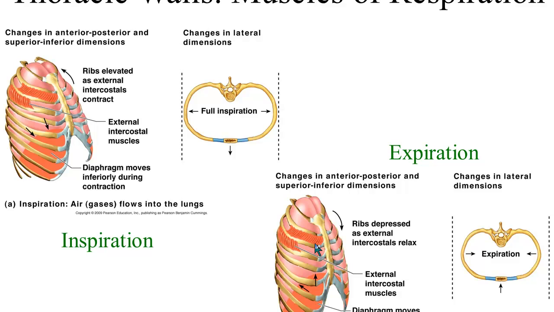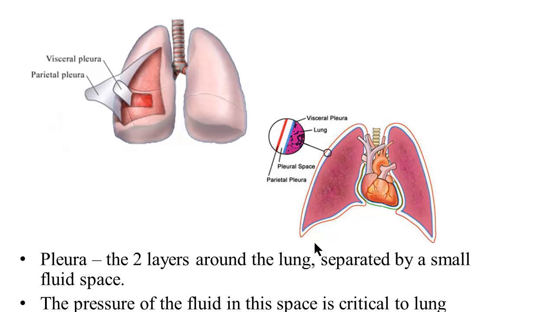It's important that we recognize there are two membranes that are important to keeping our lungs expanded, and one is the parietal pleura that lines the body cavity, and that folds in on itself as it gets near the hilum of the lung, and then it covers the lung itself.